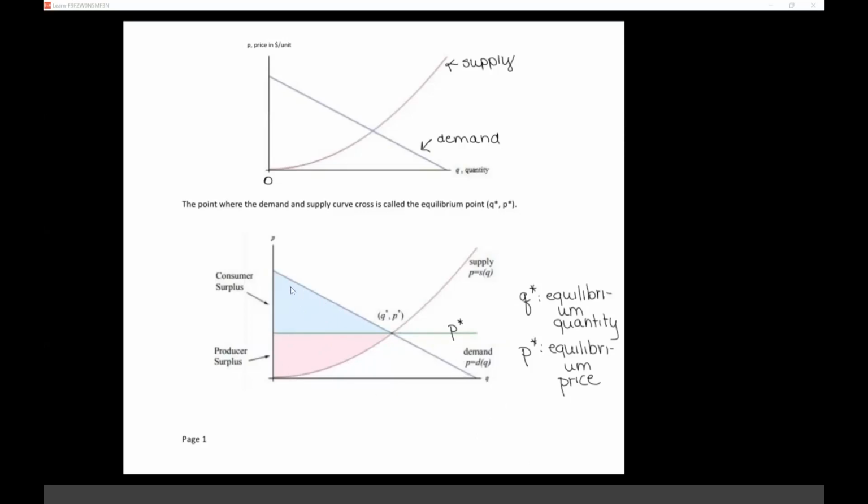Because remember, you always want the higher curve, the one that's on top, to come first when you're finding area between. So it's top curve minus bottom curve. Here you'd have demand curve minus P star. And for the pink part, you'd have P star minus supply curve, because the supply curve's underneath P star. So that's kind of where we're going to go with this. And then the rest of it is just cranking through the integration.